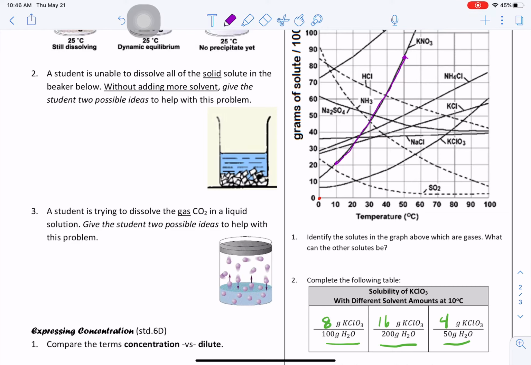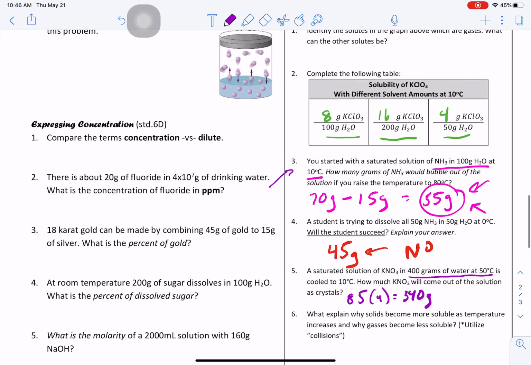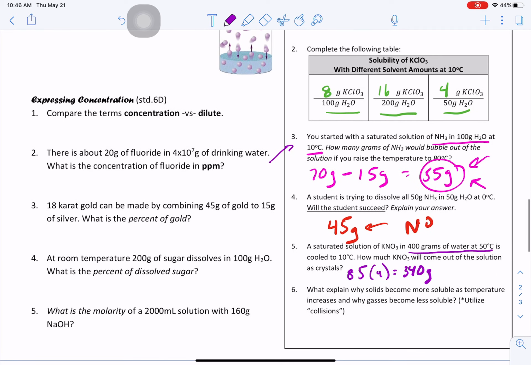We can dissolve 21 grams in 100 grams of water, but in 400 grams of water, this would be 21 times 4. If you can't do it in your head, do it on a calculator. It's going to be 84, but if you want to double check like me, 21 times 4 is 84.